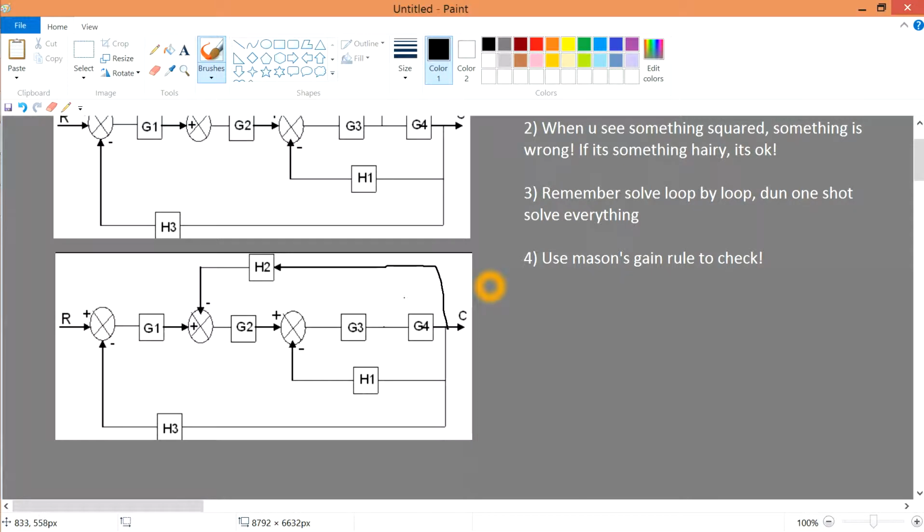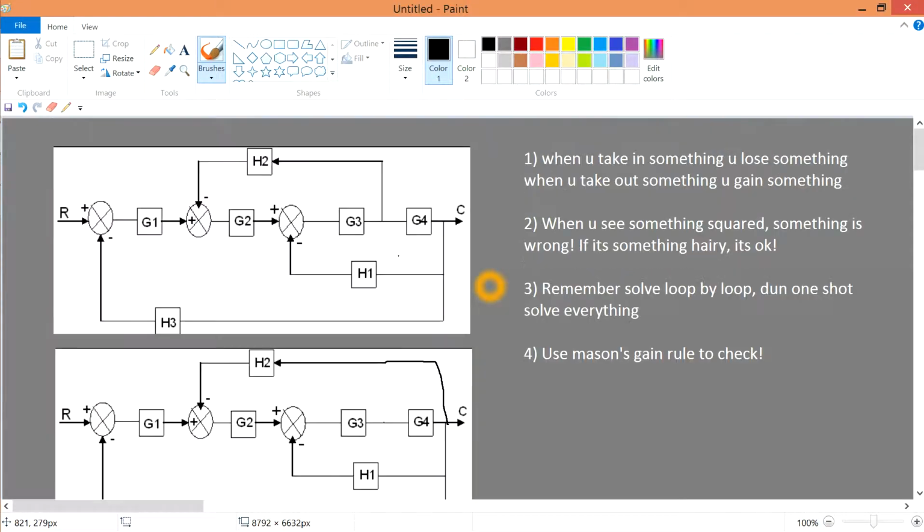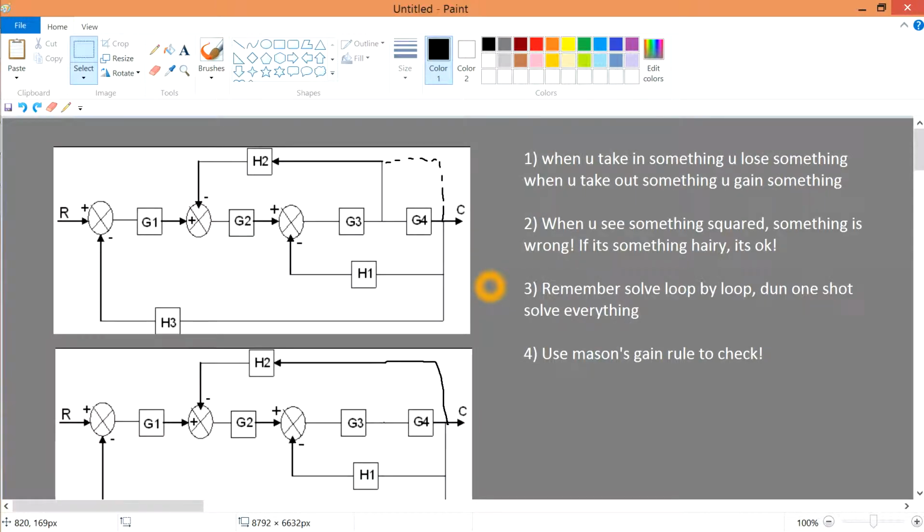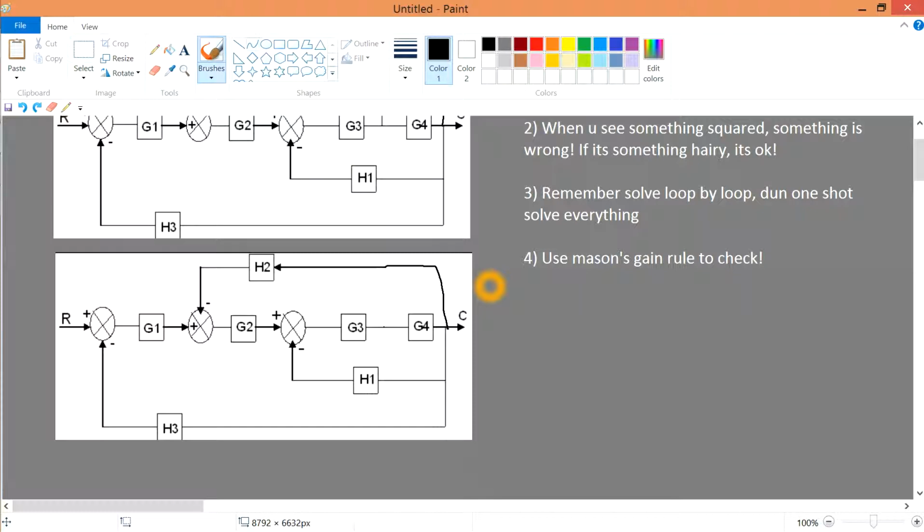So when I bring in G4, it is brought into this loop over here. If I bring G4 in, I am losing something, because I'm giving the loop more. So therefore, H2 is going to be divided by G4.